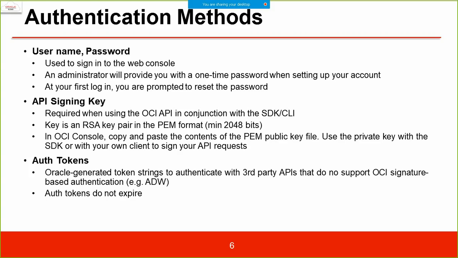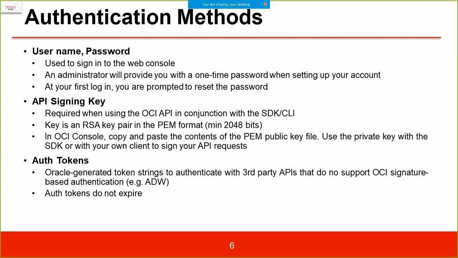The key is an RSA key pair in the PEM format, minimum 2048 bits. In the OCI console, copy and paste the content of the PEM public key file which you will be working with, and this is something which you'll be interacting with daily. Use the private key with the SDK or your own client to sign your API request.